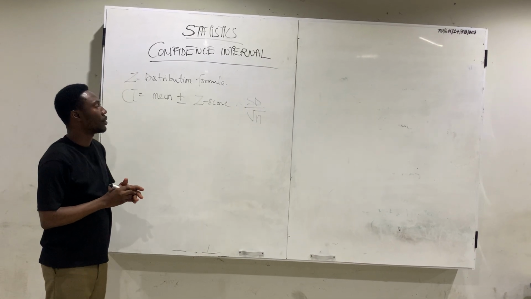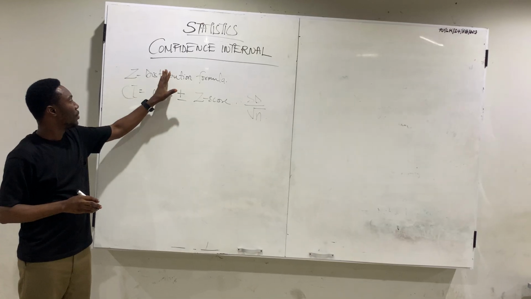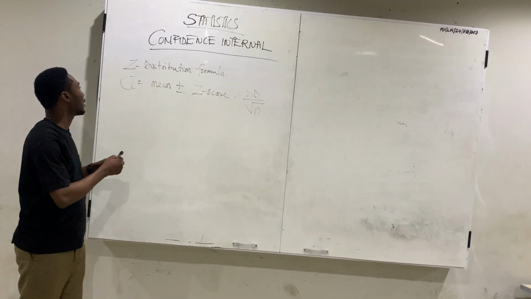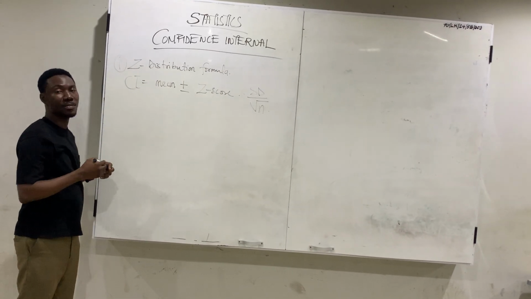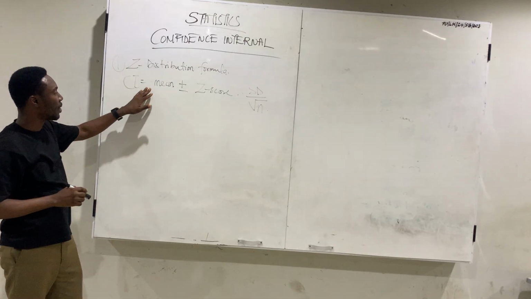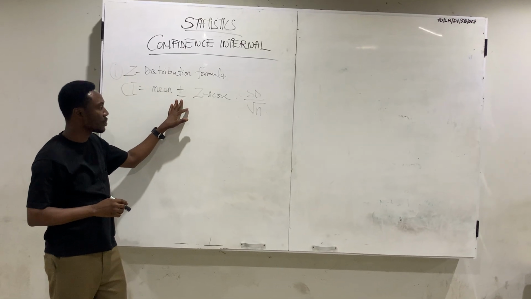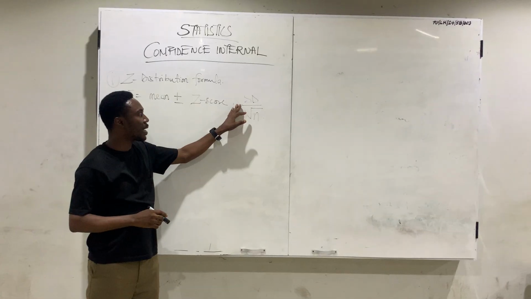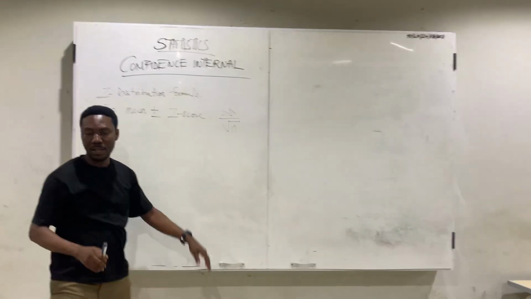Is that okay? So this is the first formula, I call it the Z distribution formula. Confidence interval is equal to mean plus or minus Z score multiplied by standard deviation all over square root of n.